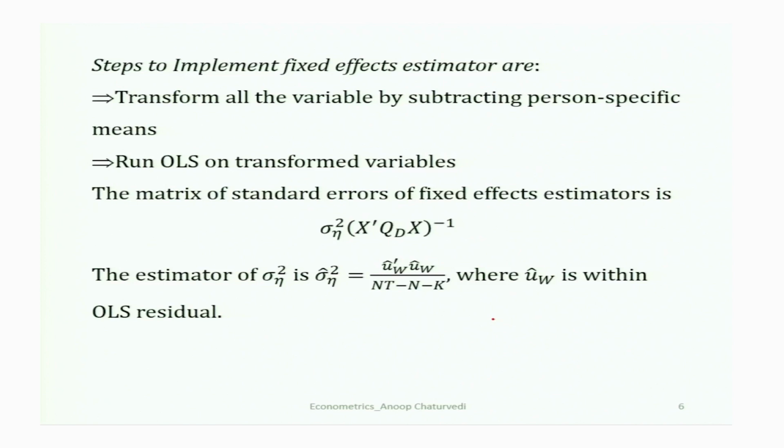So, in linear model y equal to X beta plus u, if u has variance covariance matrix sigma square u omega, then variance covariance matrix of the GLS estimator is (X transpose omega inverse X) whole inverse, and then you have sigma square u here.